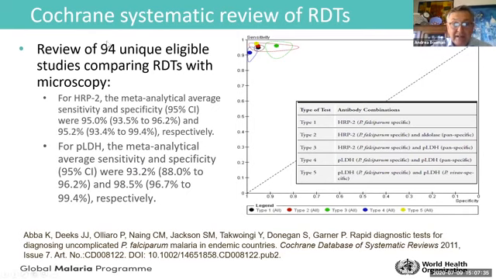This is the analysis of 94 eligible studies, which were analyzed in a Cochrane review, and shows that the HRP2 tests have 95% sensitivity and around 95% specificity. If we use the PLDH test, the sensitivity is a little less, 93%, but the specificity goes up to 98%. But in both cases, this is very, very high.